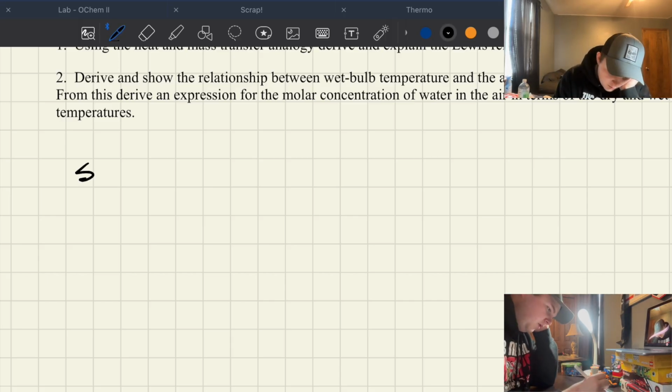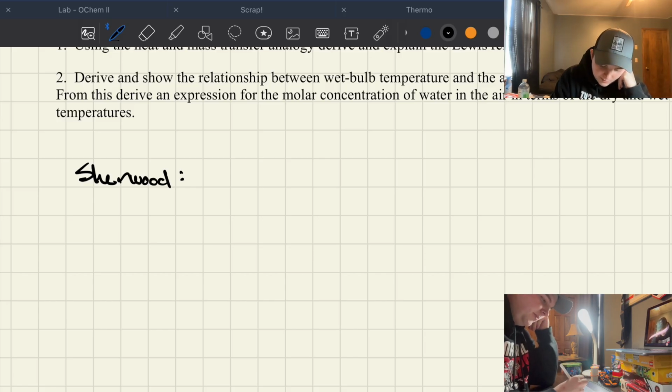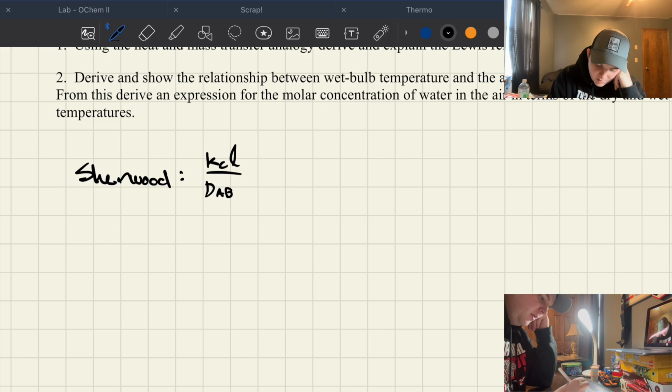Let's start with our Sherwood number. We know that that is going to be our kc L over our D_AB. And then we can do our Schmidt number, which we know is our viscosity mu over our rho D_AB.